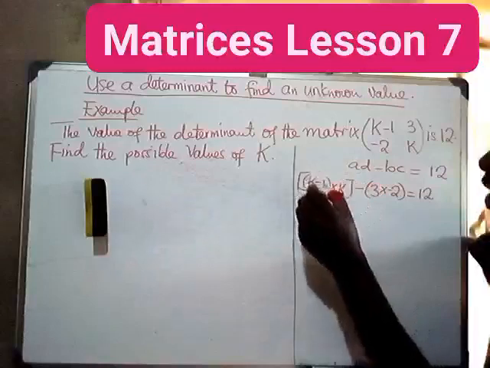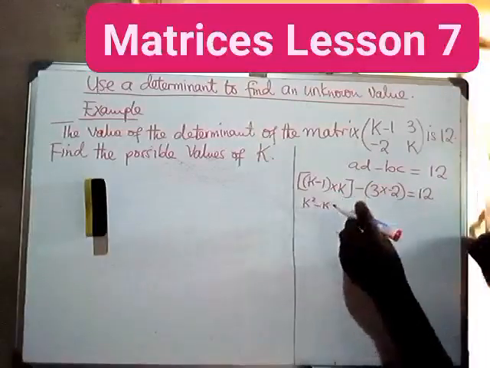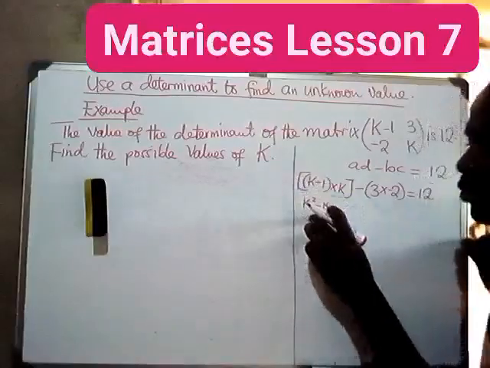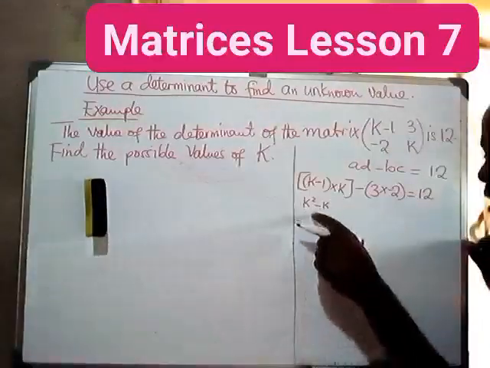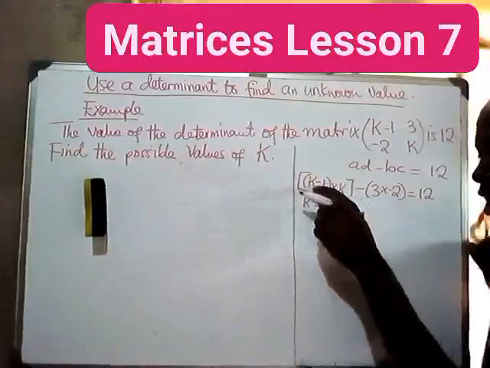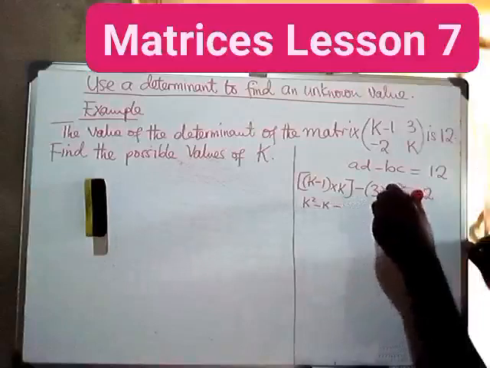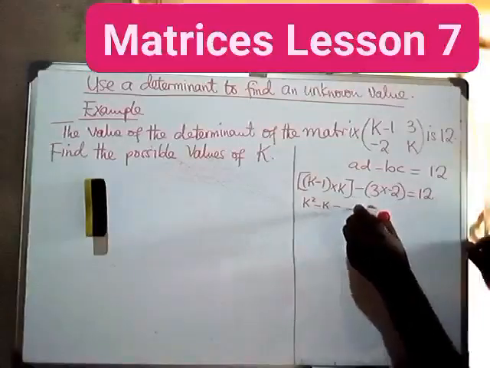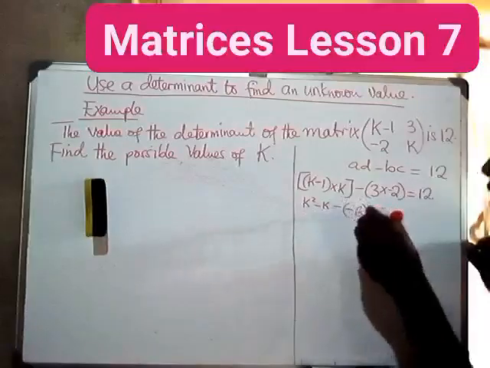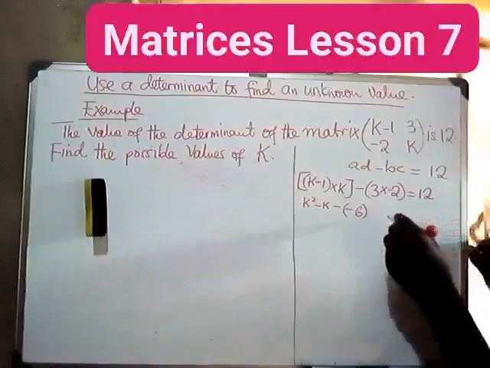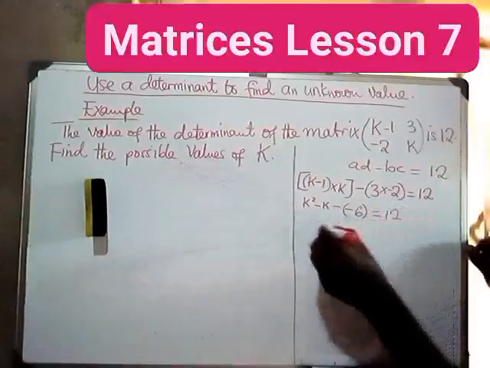We are going to have k squared minus k, because k multiplied by k is k squared. K multiplied by 1 gives 1k, which is -1k, because there's a negative there. Then we have minus 3 multiplied by -2, it will be -6, so this one will be a plus. We put them in brackets, then say it's equal to 12.